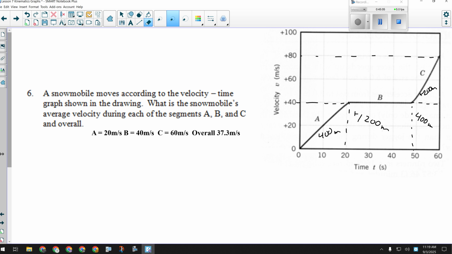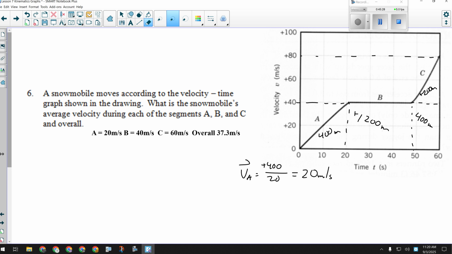Can I calculate my velocities for each section? Okay, so for section A, velocity in section A is going to be positive 400 meters divided by 20 seconds. Okay, so that's going to give me my 20 meters per second. Okay, here the average velocity, I don't even need to do this.